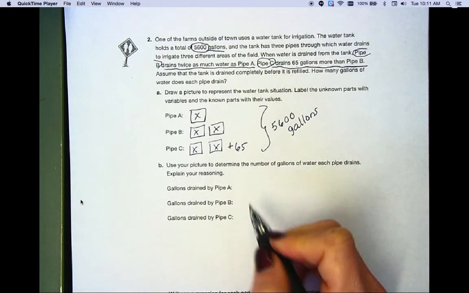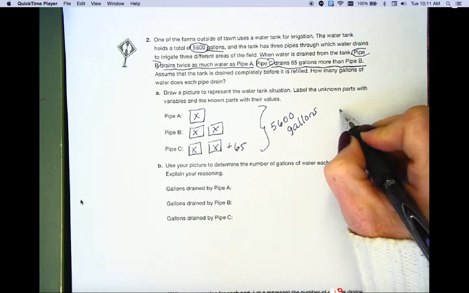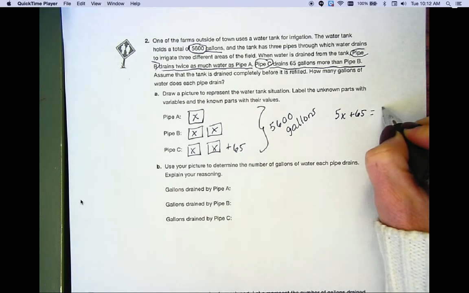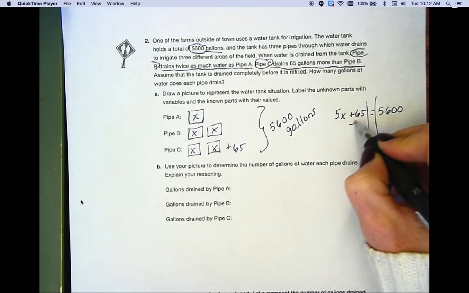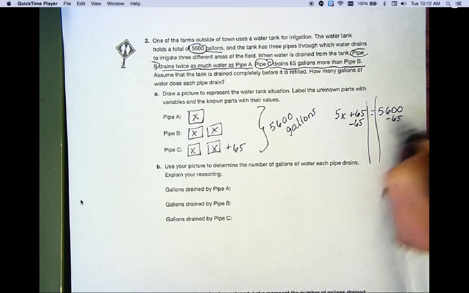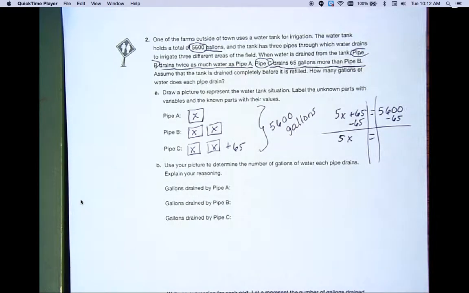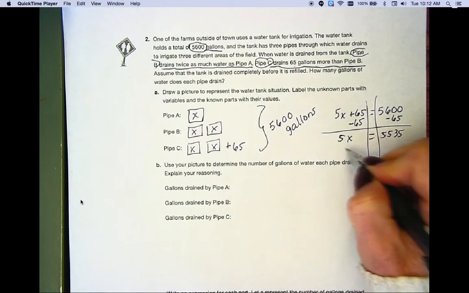Let's solve this. I have 1, 2, 3, 4, 5. I have 5 X's plus 65 equals 5,600. If I solve, I subtract 65 from both sides. When we do that, we get 5,535.